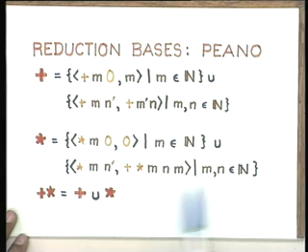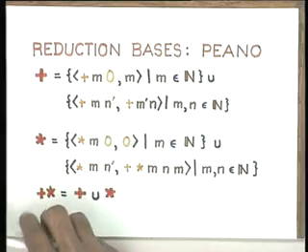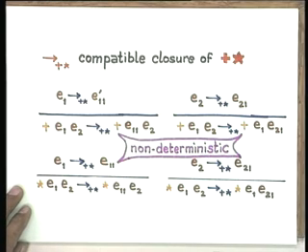So, what I had given are rules for Peano arithmetic, and I did not actually specify, but we were essentially using this without actually mentioning it. And we were also using a compatible closure of this, which is the one step plus star reduction.